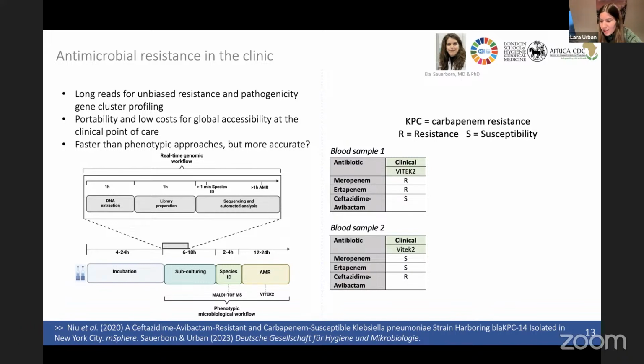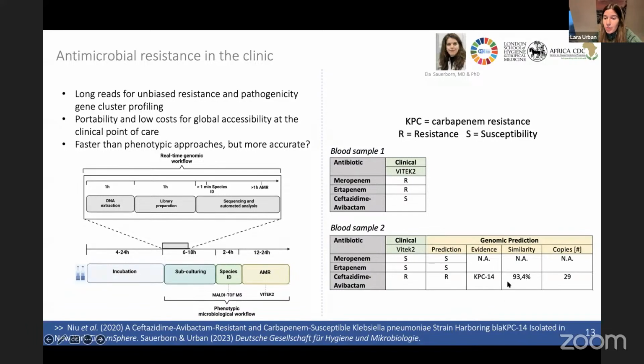And I'm showing this to you because I think it's a very beautiful case of what we could potentially achieve with real-time genomics in the clinic. So let me show you our data. Firstly, for the second blood sample, our genomic data can replicate the clinical results, in that we are finding susceptibility to carbapenems because we don't find any evidence of any resistance genes, and resistance to the ceftazidime avibactam because of a so-called KPC14 gene.